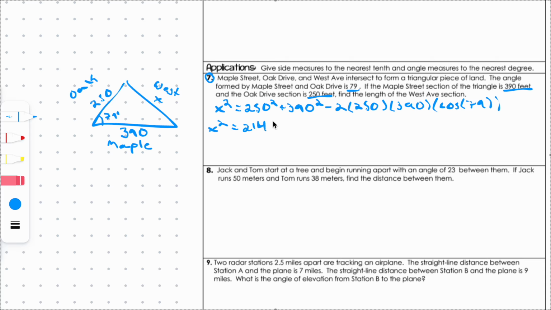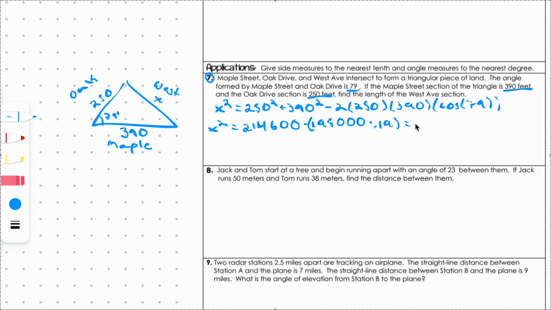Then 2 times 250 times 390 gives us 195,000, so minus 195,000 times cosine of 79. Cosine of 79 would be 0.19.